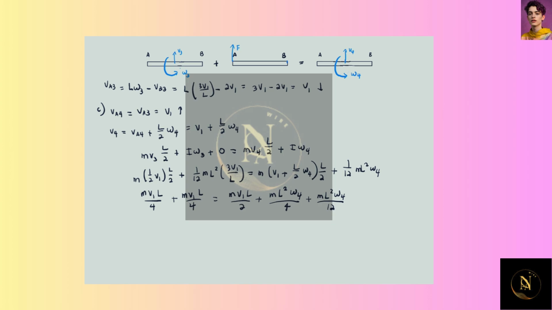Combining like terms on one side, we'll have M V1 L over 4 plus M V1 L over 4 minus M V1 L over 2 equals ML squared omega 4 over 4 plus ML squared omega 4 over 12. So the left-hand side will be equal to 0. Hence, this tells us that omega 4 is equal to 0.